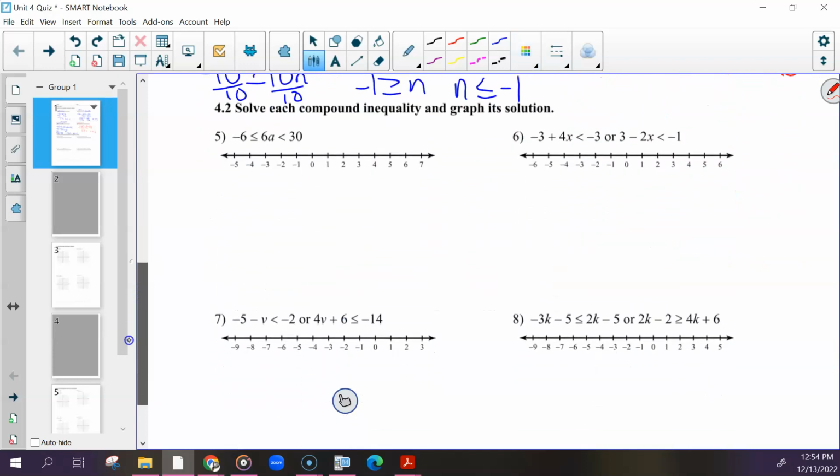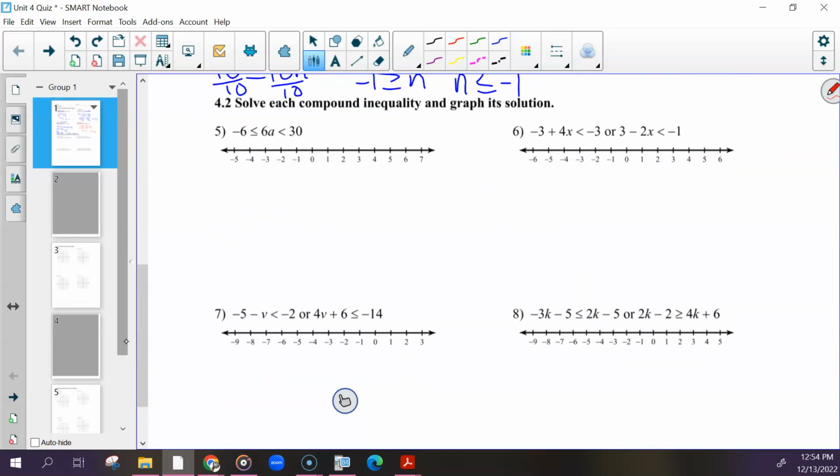4.2 was probably our most problematic, for you guys and other classes. Just remembering which one you need to solve which way. So if it's condensed, that should be an "and," where you do everything together, trying to get the a in the middle by itself. So you should be dividing by 6.